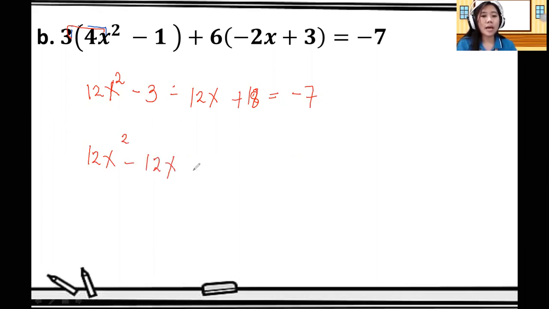Okay, arrange ha. So, minus 3 plus 18. Okay, let's transpose negative 7 to the left side of the equation. It will become positive 7 is equal to 0. Okay, equate it to 0, guys. Don't forget. Then 12x squared.